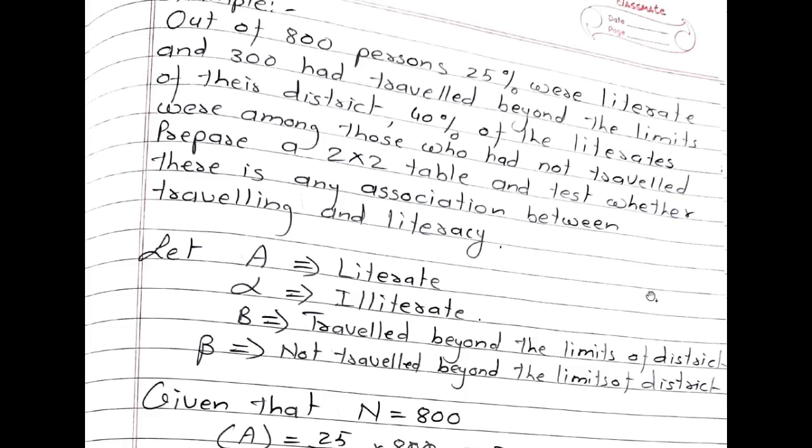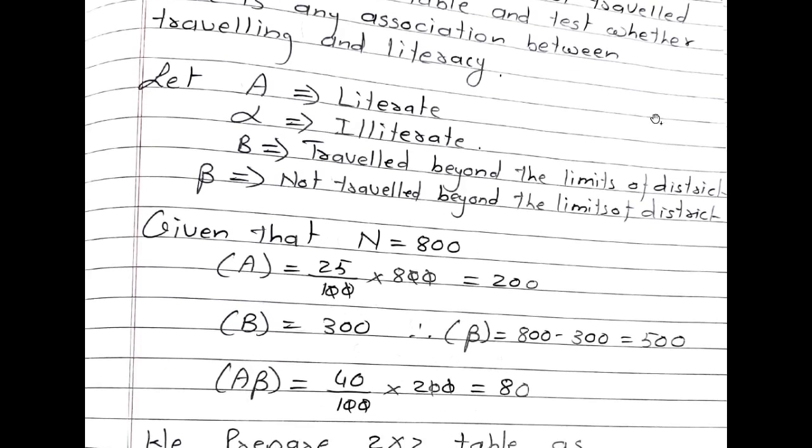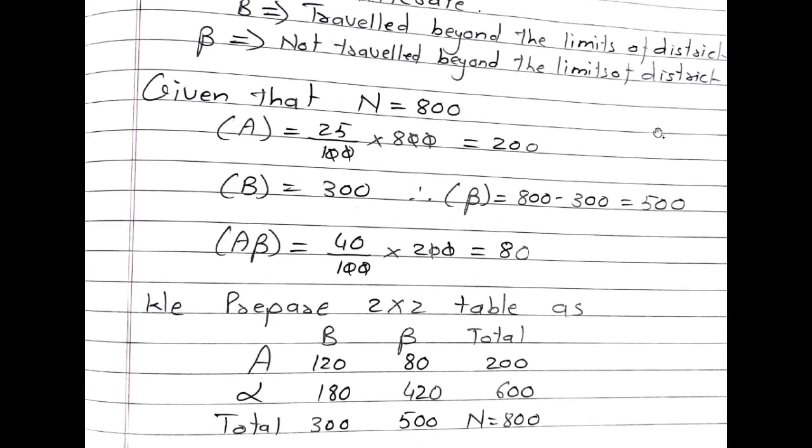So first of all, we will define the attributes. Let A denote literate person, alpha denotes illiterate person, B travelled beyond the limits of the district, beta not travelled beyond the limits of the district. Now see the given information. We are given that n is equal to 800.